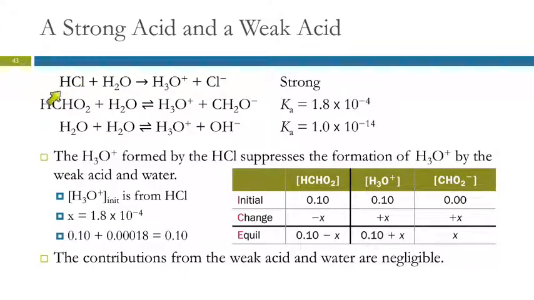If we've got 0.1 molar, then we're going to have 0.1 molar H3O plus. This equilibrium that water sets up with itself, if I add a bunch of hydronium ions, what is that going to do to this equilibrium? It's going to cause it to shift to the left. That is suppressing the production of H3O plus by water. And it'll do the same thing to this equilibrium. Adding a bunch of H3O plus from that strong acid causes this equilibrium to shift to the left.